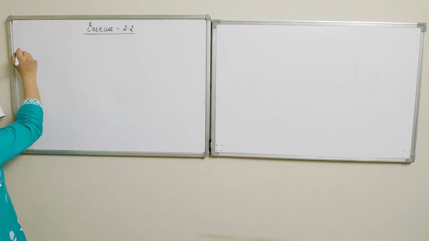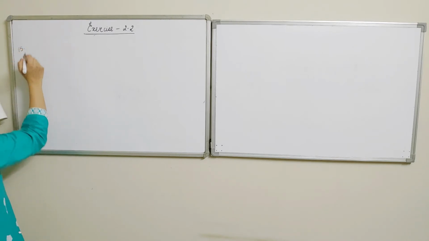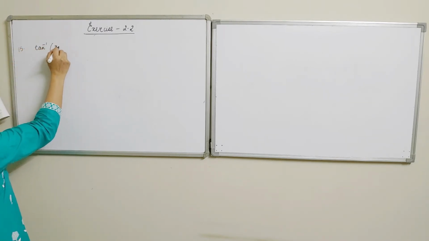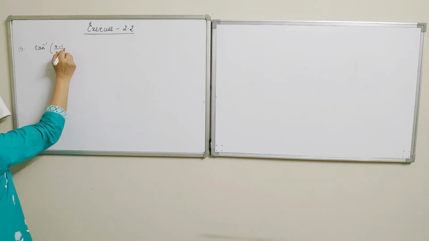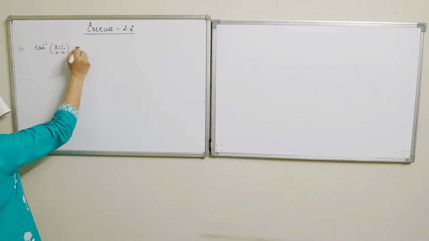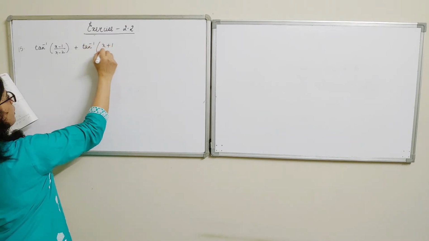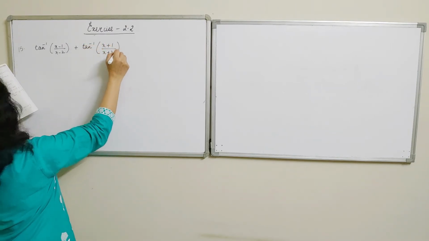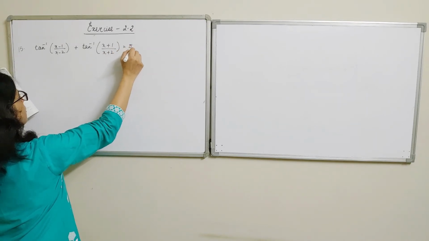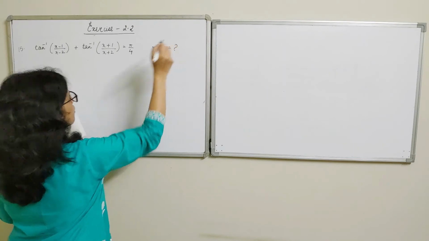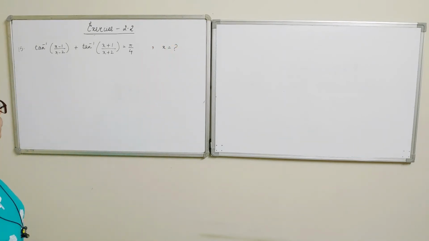So next we will take up question number 15. Tan inverse of (x minus 1 upon x minus 2) plus tan inverse of (x plus 1 upon x plus 2) is pi by 4. So here we are finding out the value of x.